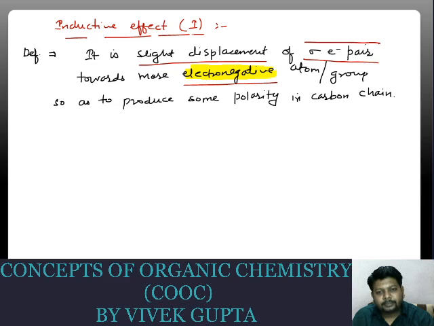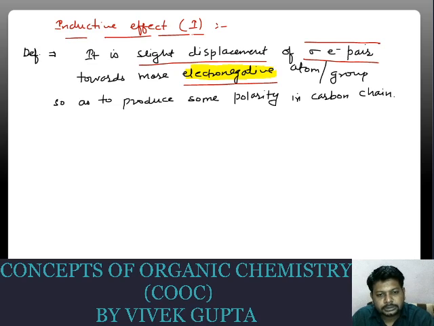Means the governing factor is electronegativity. So anytime you think about inductive effect, you have to focus on the electronegativity of the attached atom or group along the carbon chain.